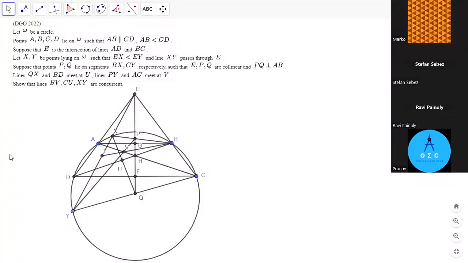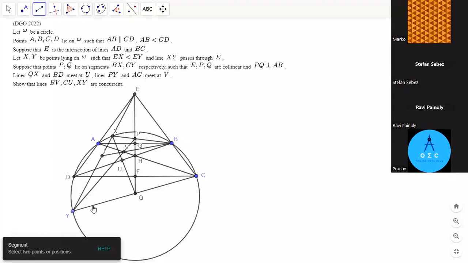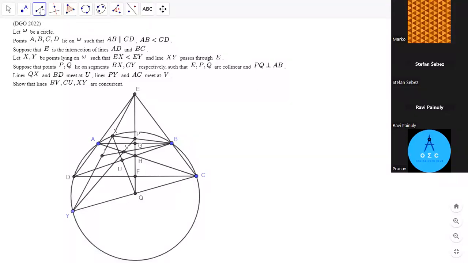So I guess one thing we could do is take EXIY and try to project it onto this line. Or we could also try to project it onto this vertical line. I kind of like the idea of projecting it onto this line.